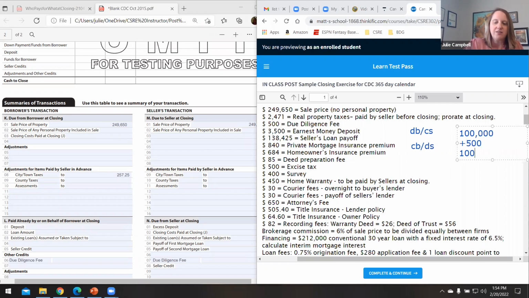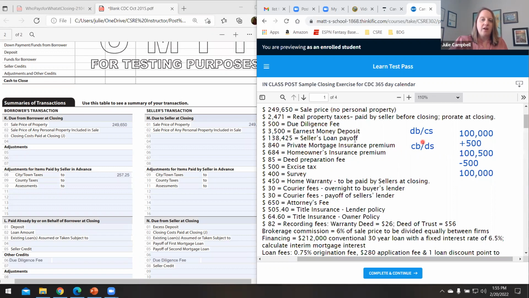So now essentially the seller has the purchase price and the due diligence fee, but that's not the agreed upon amount, is it? So how do we get the seller their agreed upon amount? Now that we're here, we reverse that charge. Now, how much is the seller going to get? The seller's going to get the agreed upon amount of $100,000. So that's all we're doing with the due diligence fee, reversing what we did when we went under contract.